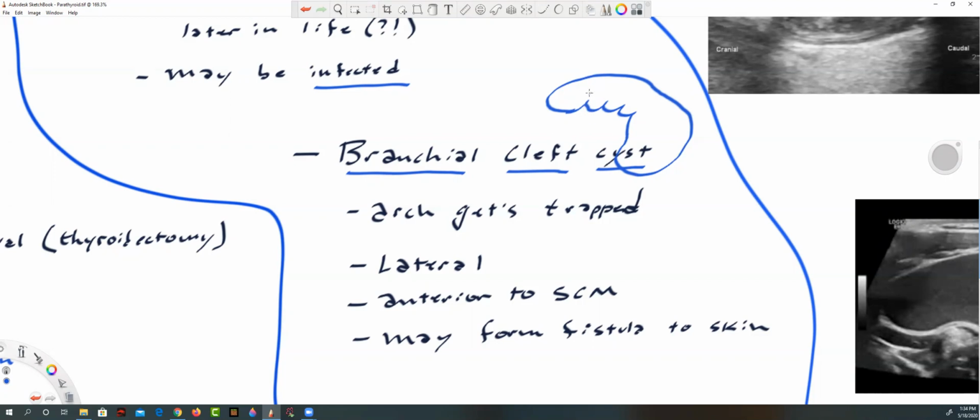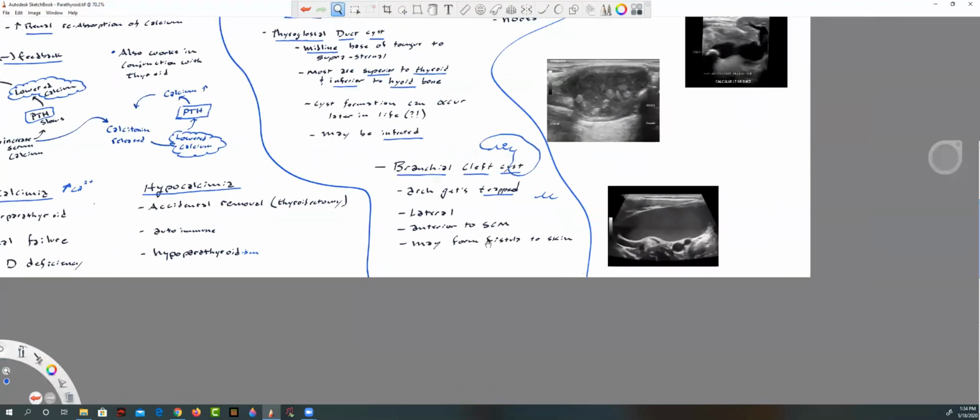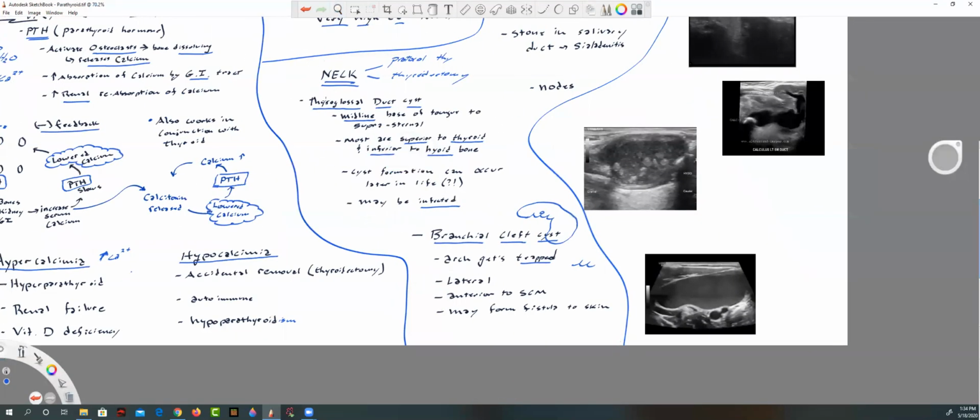So let's see, this is the first. The second cleft right here may get a little pocket where it should be obliterated, but it's not. A part of the arch, the going-in part of the arch, gets kind of trapped, and it's very similar to the thyroglossal duct. It doesn't obliterate.